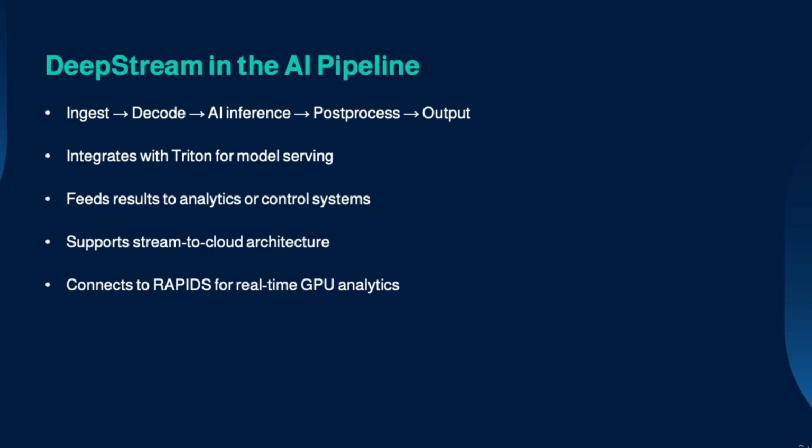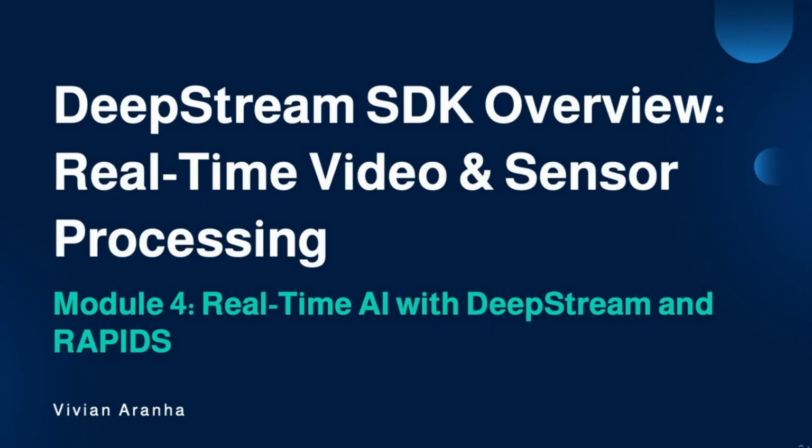It also supports stream-to-cloud setups, sending pre-processed data to cloud platforms for long-term storage or further analysis. And when paired with RAPIDS, it enables GPU-accelerated analytics on live data streams. DeepStream is the bridge between real-world data and AI insights, whether you're building smart city infrastructure, autonomous machines, or retail analytics systems.